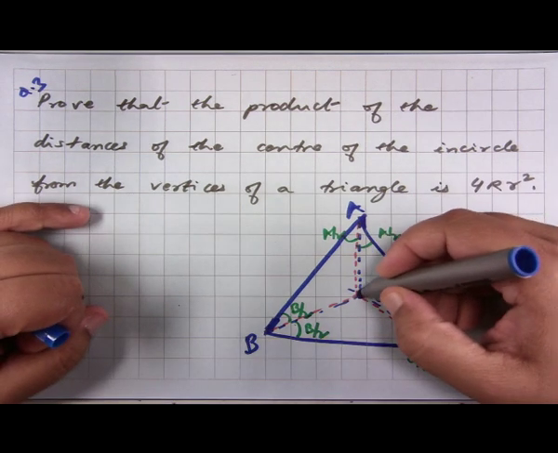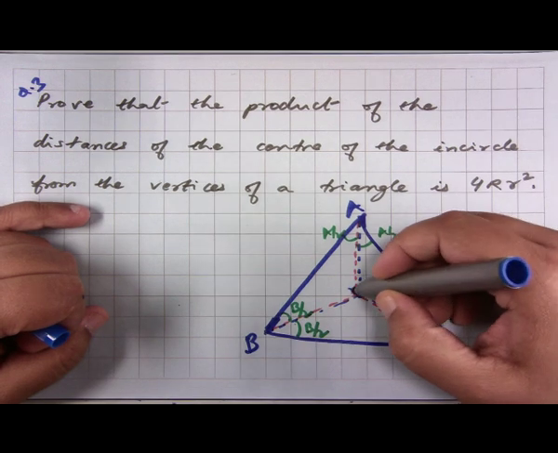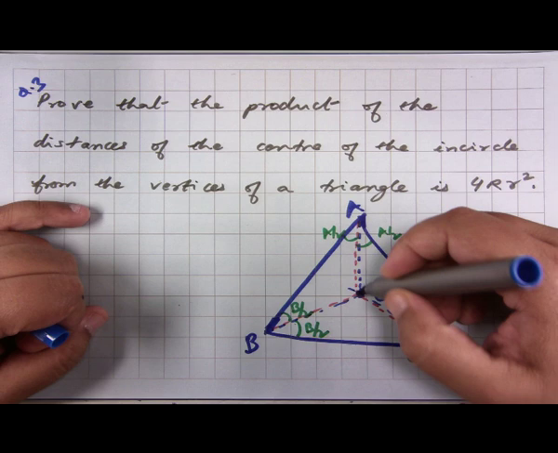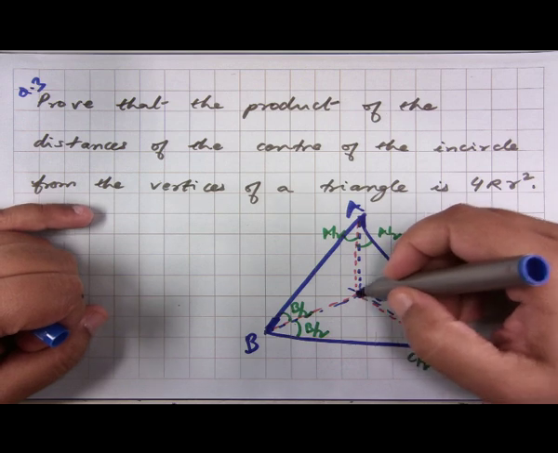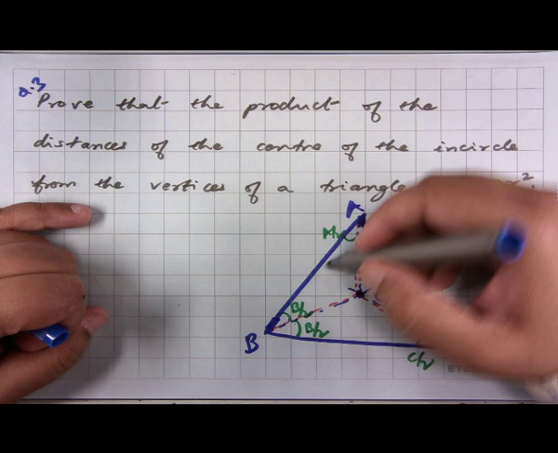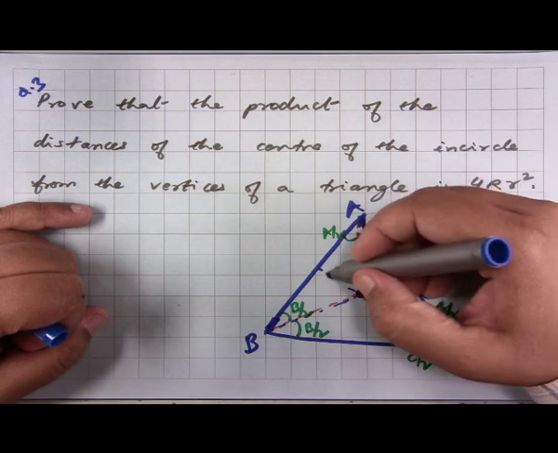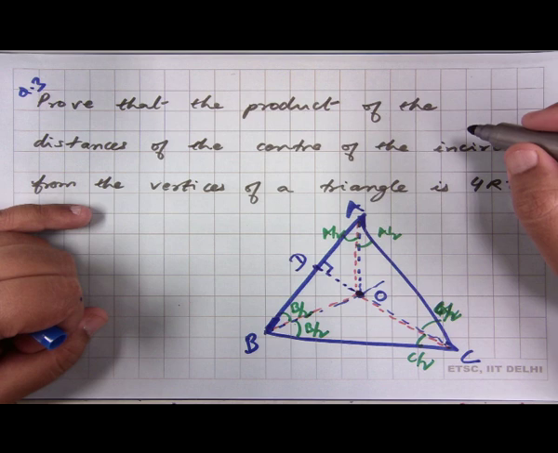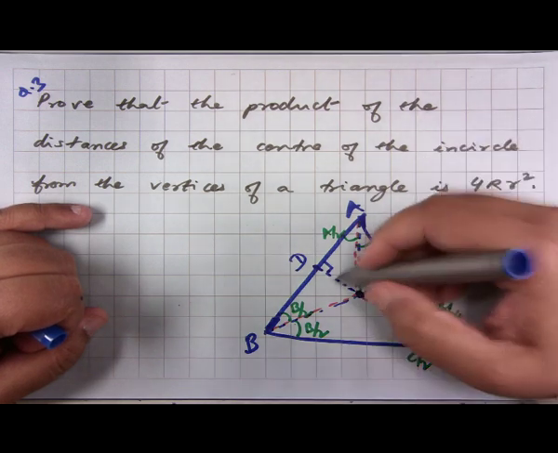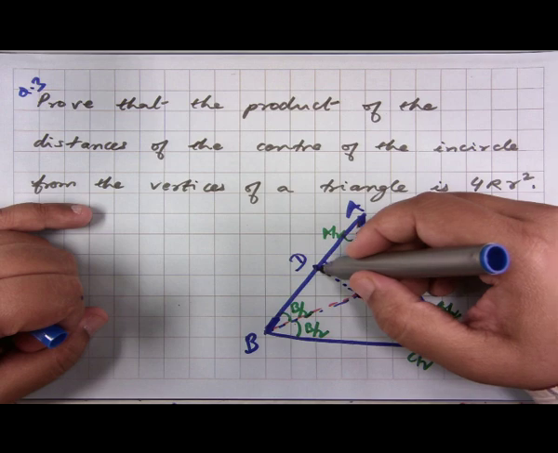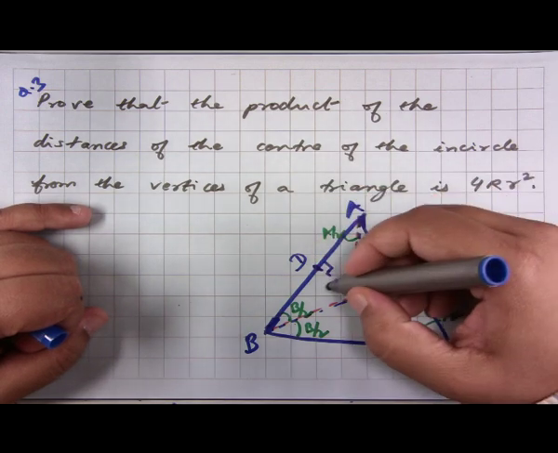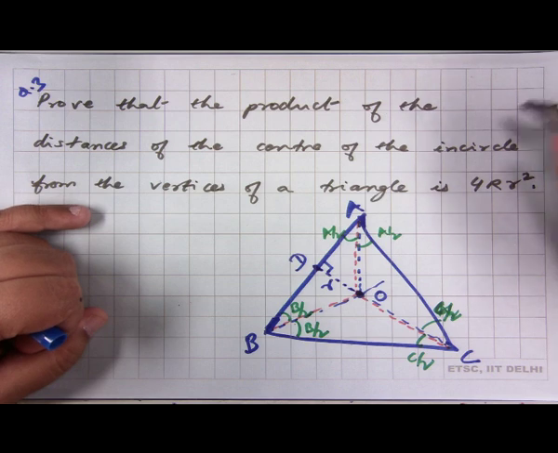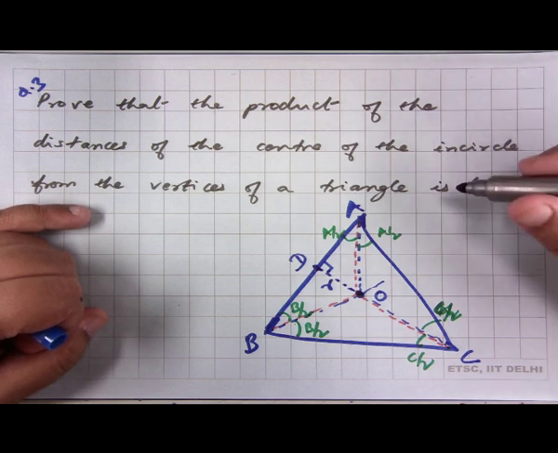So, let us drop a perpendicular from the incenter to each of the sides. The length of this perpendicular is of course the inradius, or the radius of the incircle.